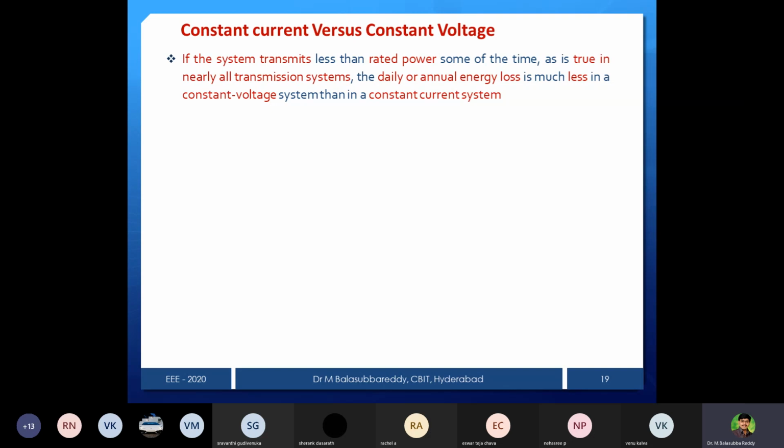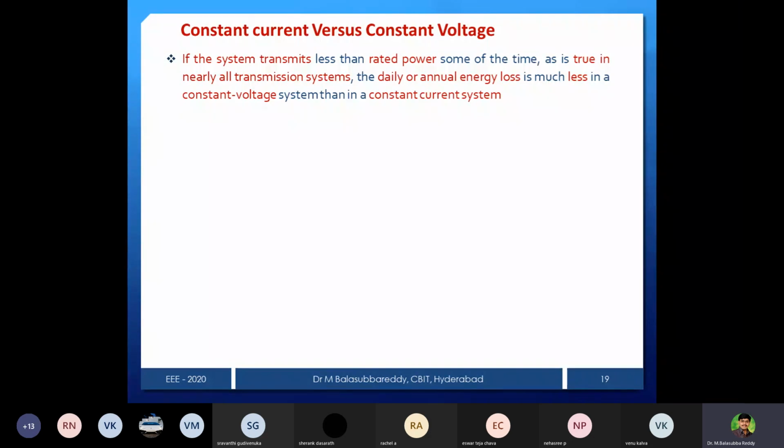Normally, rated power has to be transmitted up to the thermal limit, and if you are transmitting less than the rated power, as is true in nearly all transmission systems, because the maximum limit is the thermal limit, your transmitted power will always be less than the thermal limit.